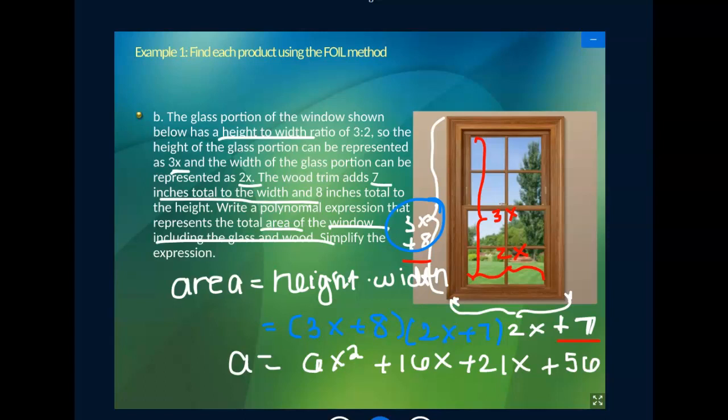So you get 6x squared plus 37x plus 56. What would the units be for this problem? What would the units of the area be? Go ahead. Area. Yeah. So area is inches squared.